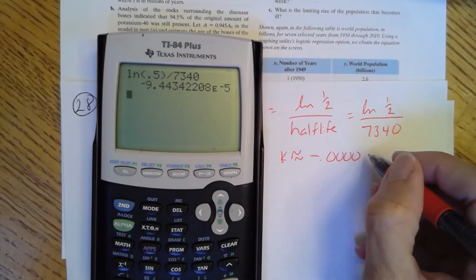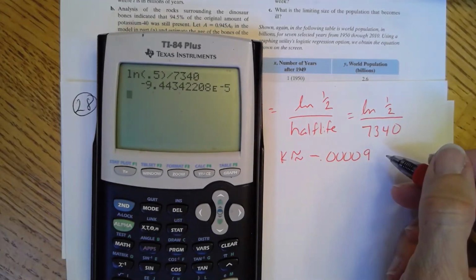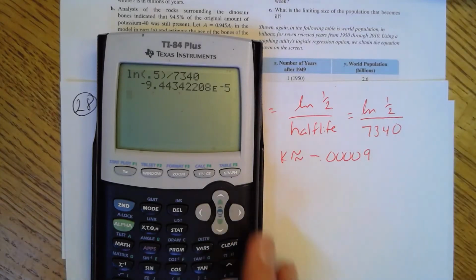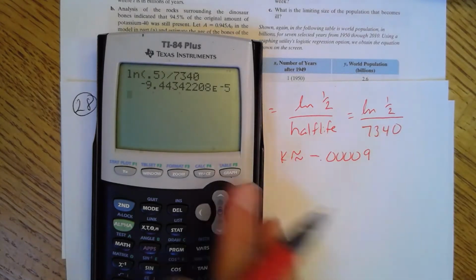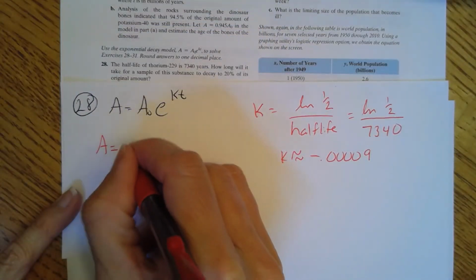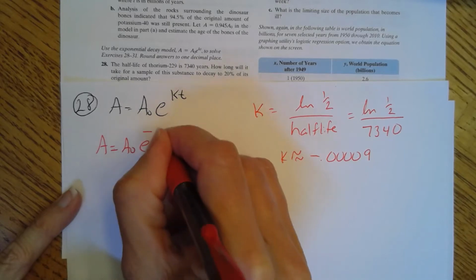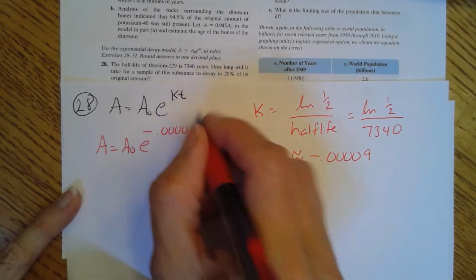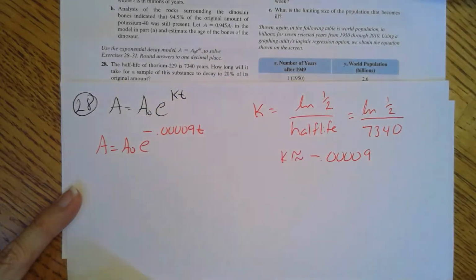On the test, I'd probably want you to go to the 4, but with their directions, they just said round to the first decimal place. So k is -0.00009.